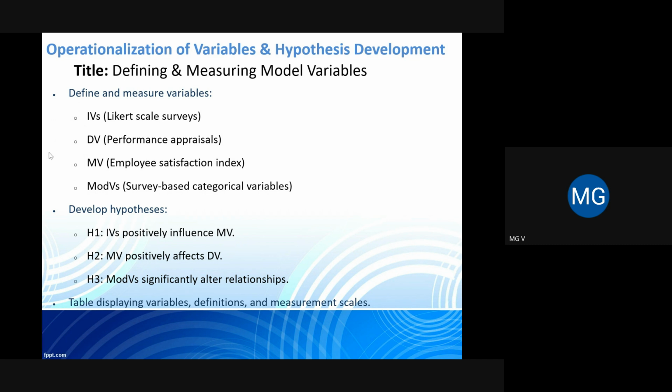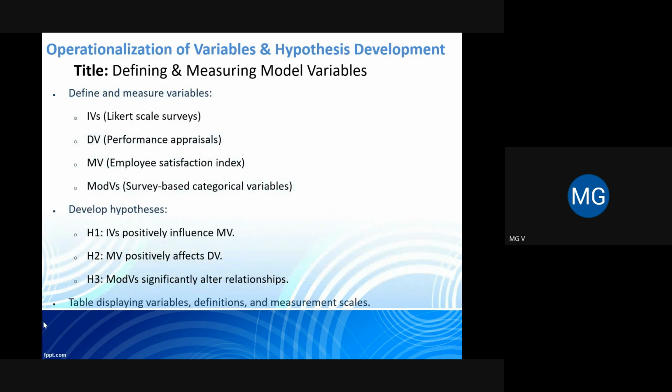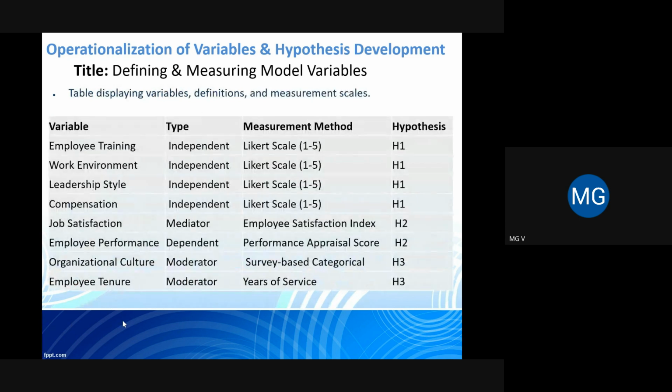Then developing hypothesis, we have made an attempt to explain or tabulate this information, right? So first you complete this and then you check your responses here. First draw the table yourself and then check your responses. For the table, you can make 4 columns: variable, type, measurement method, and hypothesis.